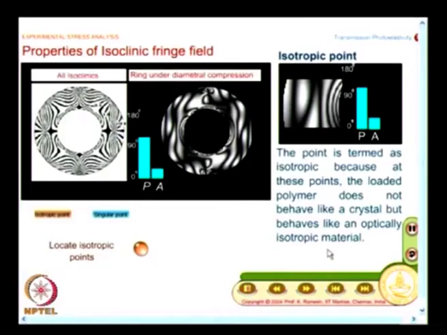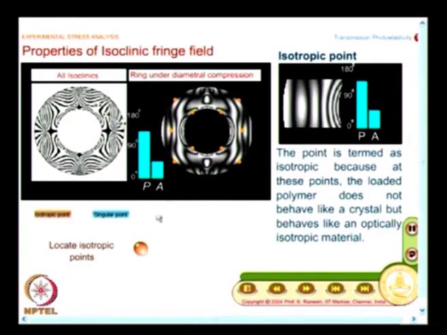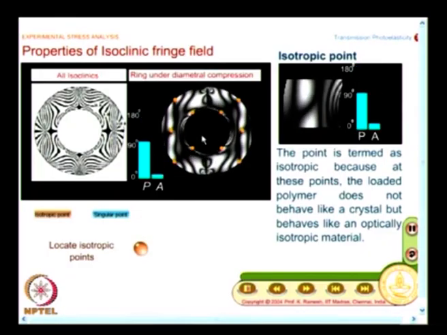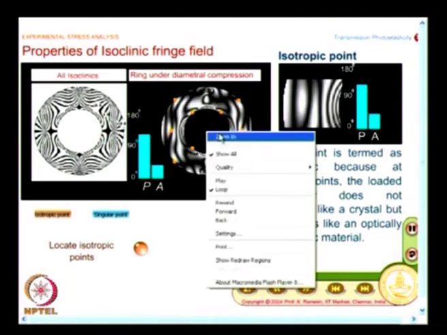Even when you do the principal stress direction evaluation, you can have a situation where every direction is a principal stress direction. That is what is happening at an isotropic point. So, you have several isotropic points located. The isotropic points are also now marked in the fringe field, and you can have a look at it.